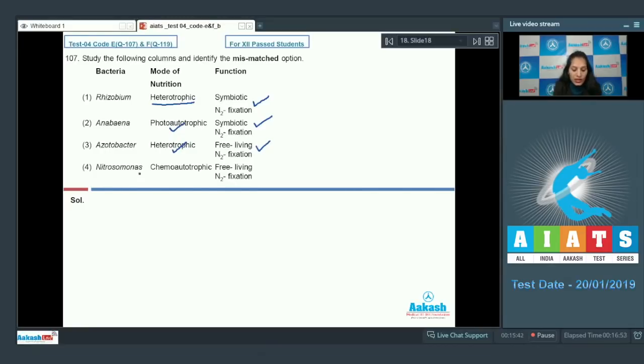Fourth one, Nitrosomonas is a chemoautotroph. Yes, it's a chemoautotroph. It synthesizes its own food with the help of chemical energy, and it is a free-living nitrogen fixer. No. It does not help in nitrogen fixation. It cannot fix atmospheric nitrogen because the fixation of atmospheric nitrogen is the conversion of atmospheric nitrogen into ammonia, which cannot be done by Nitrosomonas.